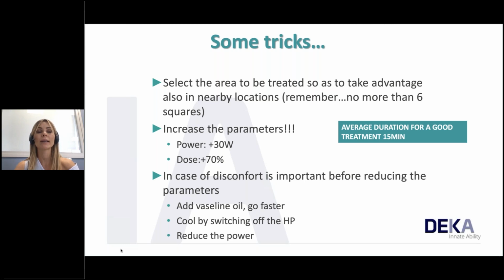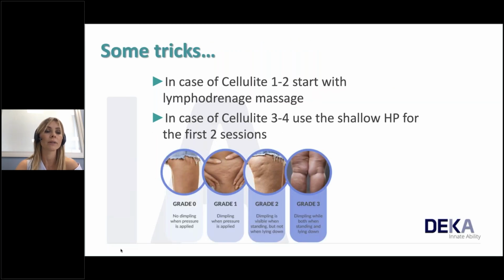They are effective, but if we want to maximize the effectiveness of the treatment, we need to increase the power by 30 watts and the dose by 70 watts. And so we will have an average duration for a good treatment of around 15 minutes. In case of discomfort, important: before reducing the parameters, add some Vaseline oil, go faster, cool by switching off the end piece, and reduce the power at the end if the patient does not tolerate it.